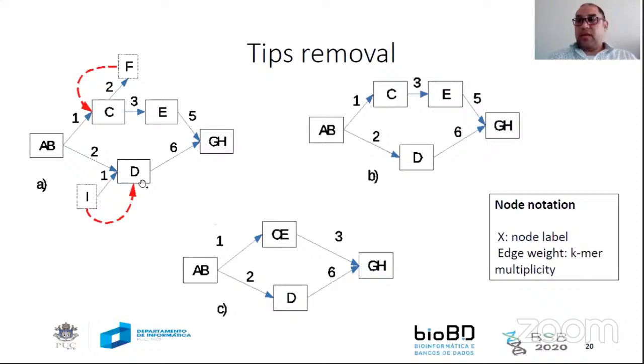Removing these tips generates new linear paths in the graph, which will be contracted. Here we show how we eliminate F and E, and we only obtain the resulting graph. After that, we can contract the graph as we did in the previous step. Here's the result.